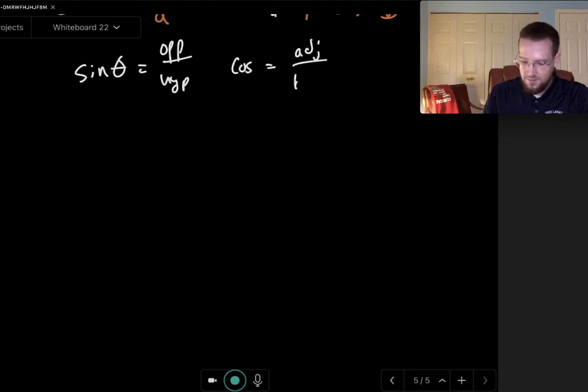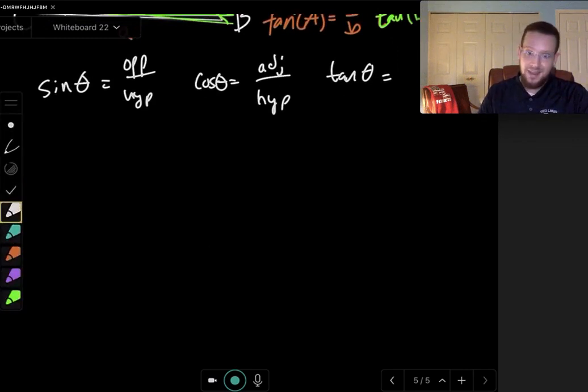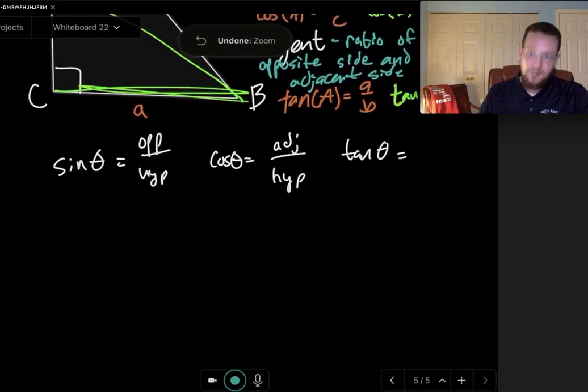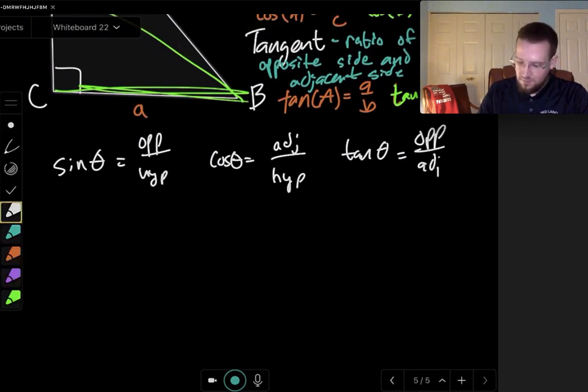And then our tangent of theta, whatever the angle is. Theta is what we call angles we don't know. The tangent is, of course, opposite over adjacent.